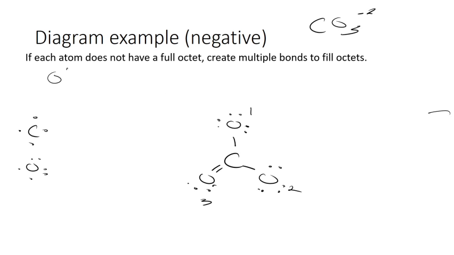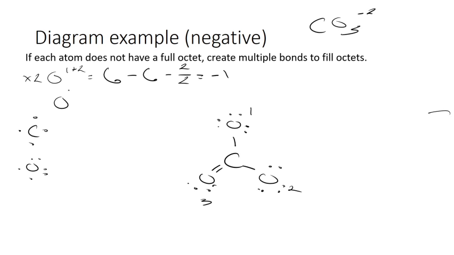So for oxygens 1 and 2, right, they have 6 valence electrons, they have 6 lone pair electrons, right, and they've got 2 bonding electrons, which makes for -1. All right, we've got 2 of those, so times 2.